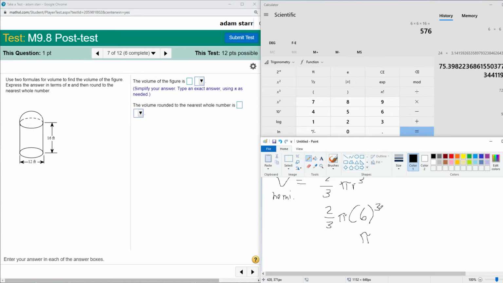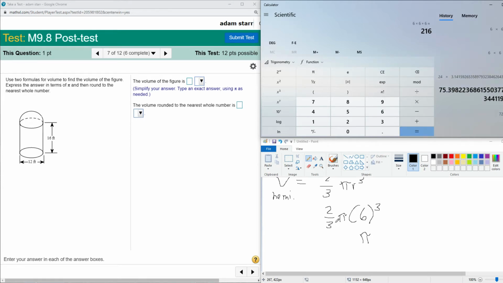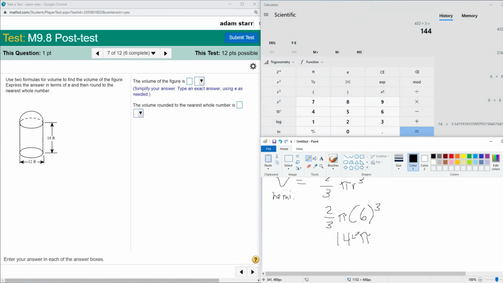So I'm going to do the 6 cubed, which is 6 times 6 times 6, and then multiply by the 2/3. To multiply by 2/3, I'm going to multiply by 2 and then divide by 3. So I get 144 pi. So the volume of my hemisphere is 144 pi.